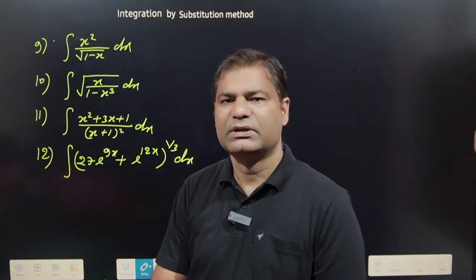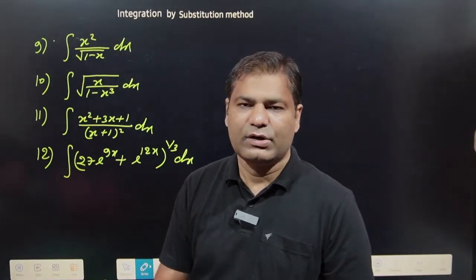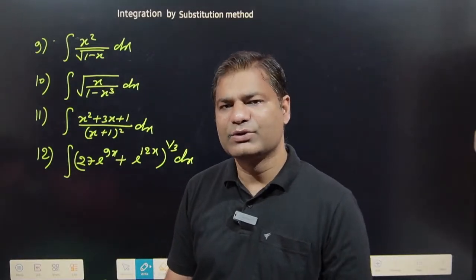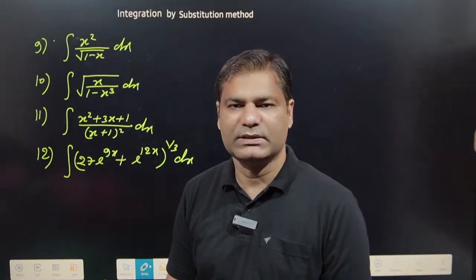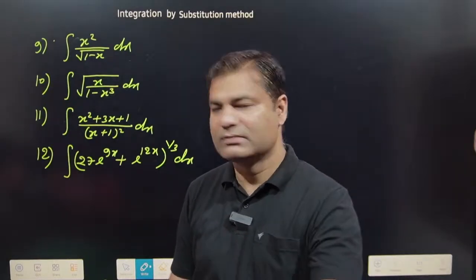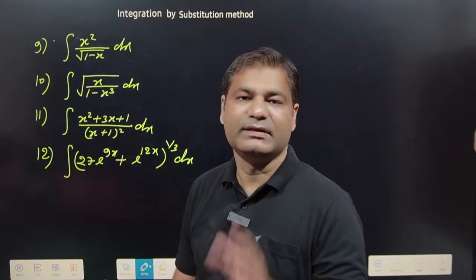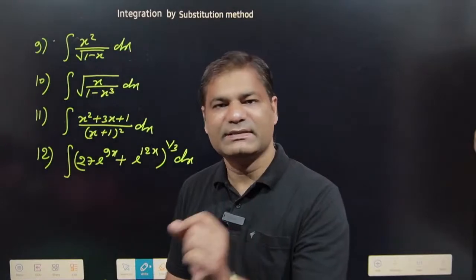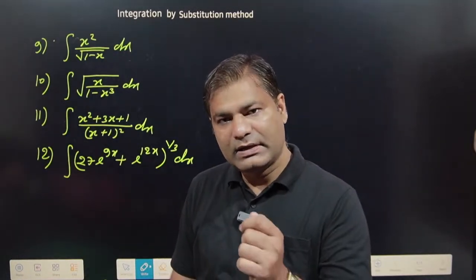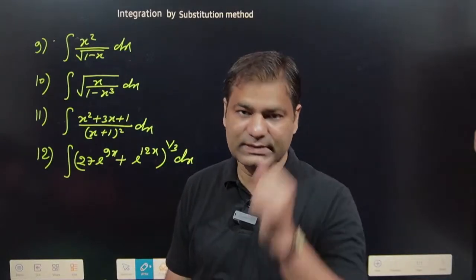You can also do that. Otherwise, which part is very difficult? Most of the time, the denominator part, if given in under root, then that 1 minus x is taken t. If 1 minus x is taken t, then x is replaced to 1 minus t.